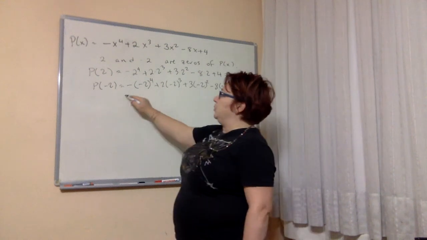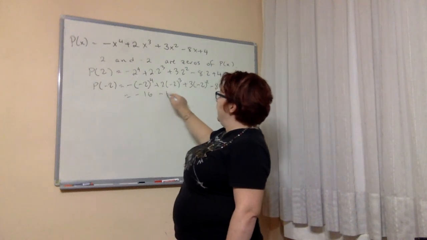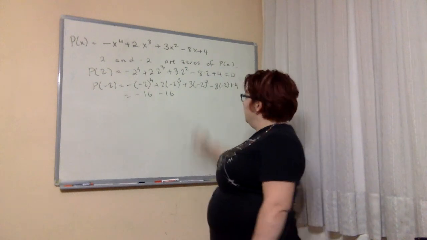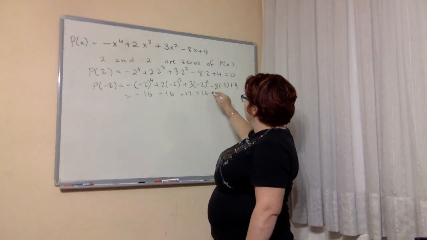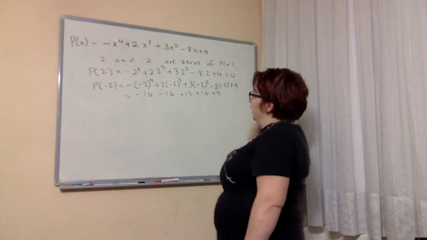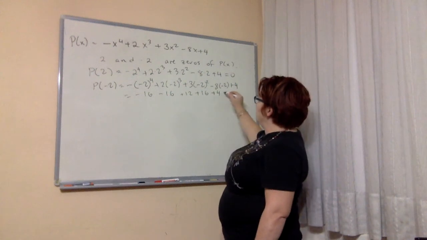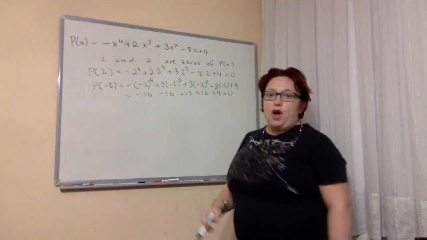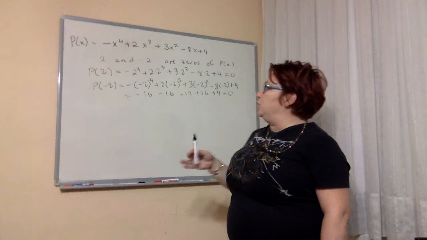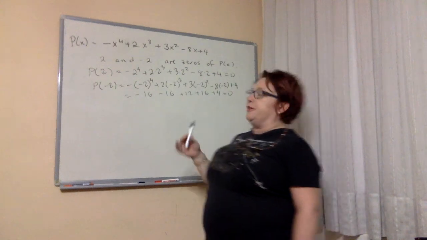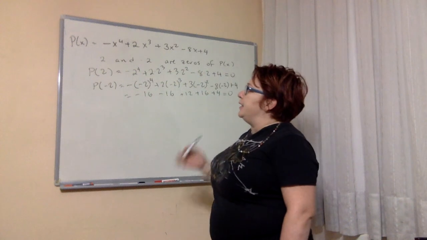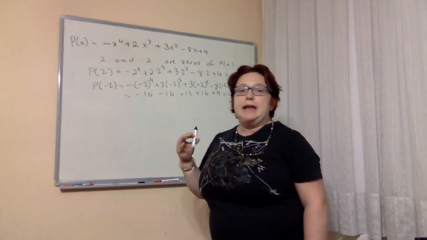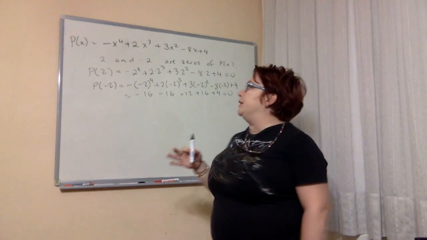And this turns out to be negative 16 minus 16 plus 12 plus 16 plus 4. And that is also equal to 0. So we know, and we've just shown, that 2 and minus 2 are zeros of p of x. Okay? And then, let's say they ask us to find the other zeros of p of x.